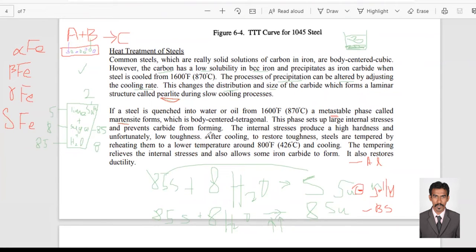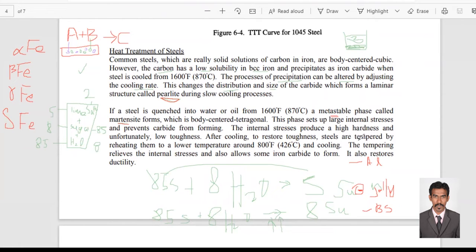All right, so the relation between hardness, toughness, and stiffness, we will see later. When you cool it suddenly, the hardness will increase, but the toughness will decrease. After cooling, to restore toughness, steels are tempered by reheating.